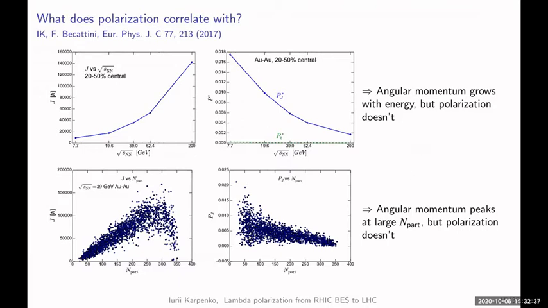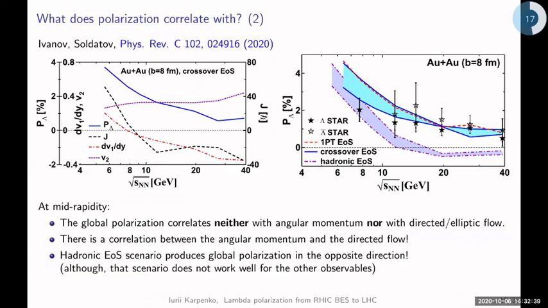And actually a much more extensive answer was given in the paper by Iurii Ivanov relatively recently. They were also examining whether the global polarization correlates with angular momentum, the full angular momentum, or angular momentum at mid rapidity, or whether it correlates with directed flow or elliptic flow.